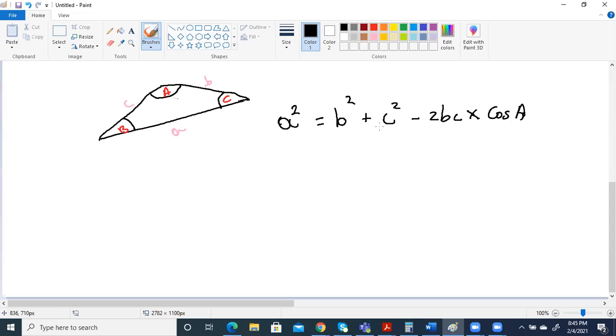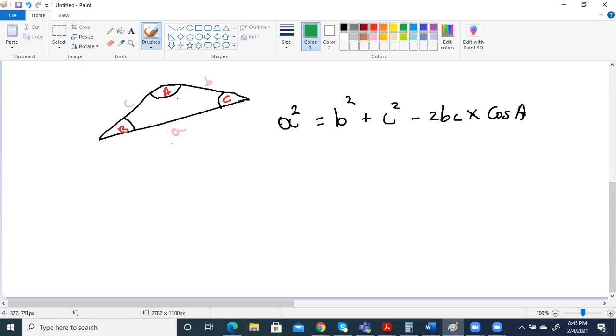Some things I want you to appreciate about this formula now, because it's not just about swatting a formula. When you look at this formula, of course, the small letters as usual refer to the sides. So the sides are the lengths over here, a, b, and c. And of course, the sides are always in relation to an angle. They're opposite an angle.